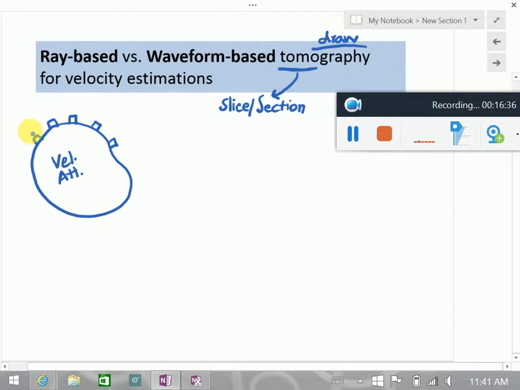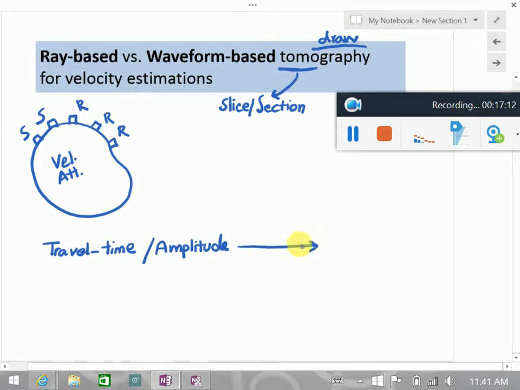So you have some sources, you have some receivers, and you want to know how to reconstruct the velocity or attenuation. There are two ways to do that. One is using a ray-based approach, which is using travel time, or amplitude. And you use ray tracing.